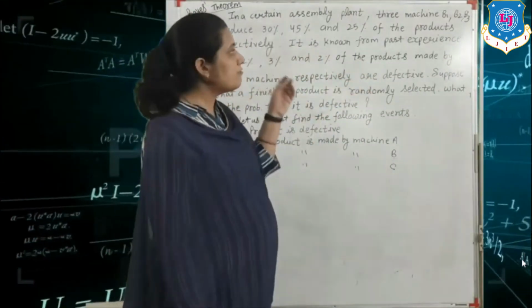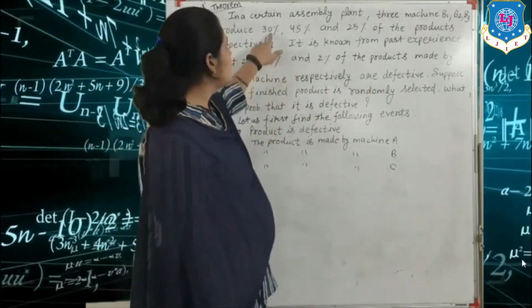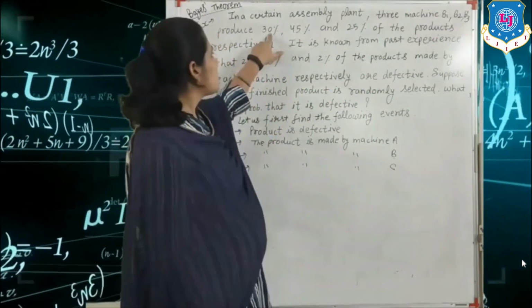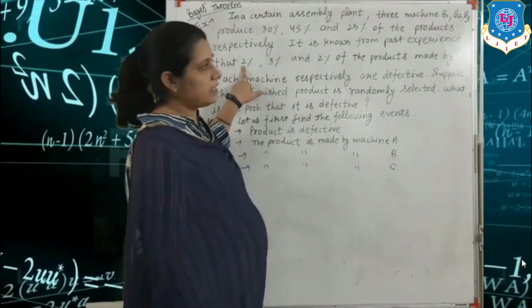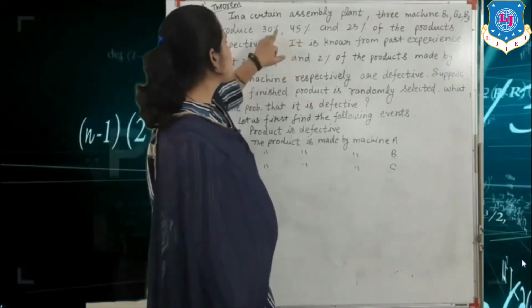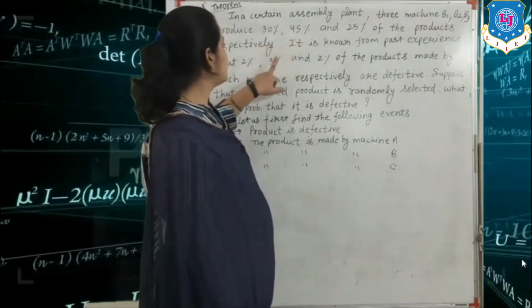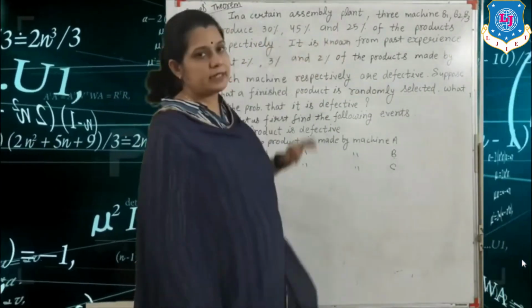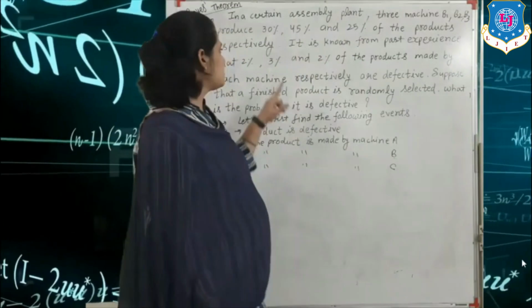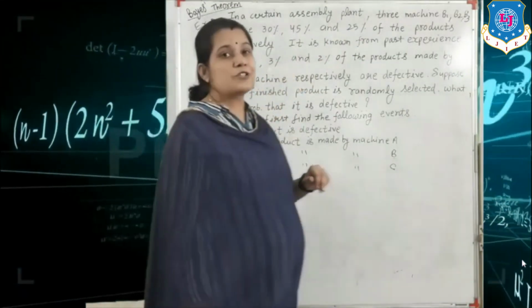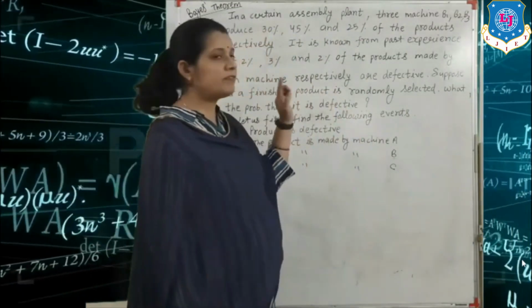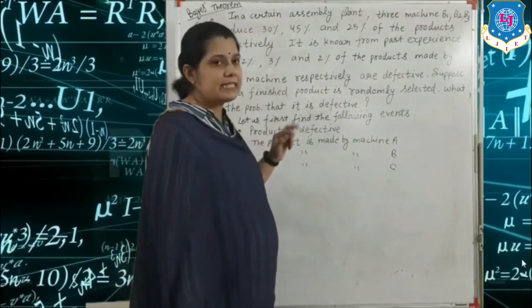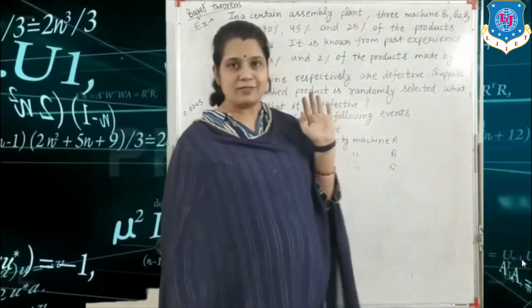That means if machine B1 produces 30%, the defective is 2%. If machine B2 produces 45%, the defective is 3%. And if machine B3 produces 25%, the defective is 2%. So production is 30, 45, 25 and the defect is 2, 3, 2%. Got it?